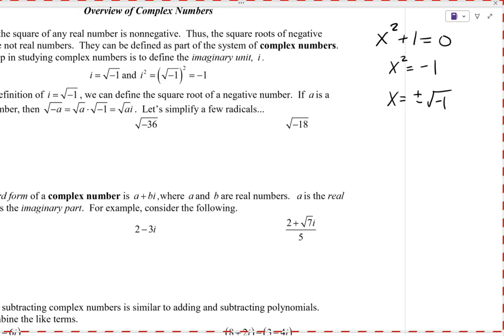And notice we've got a negative 1 under that square root sign. I have this now solved for x, but from a real number perspective, this doesn't make any sense. So we call this square root of negative 1 a special thing. And we see that on your notes there. The square root of negative 1 is called i. And we refer to that as the imaginary unit.